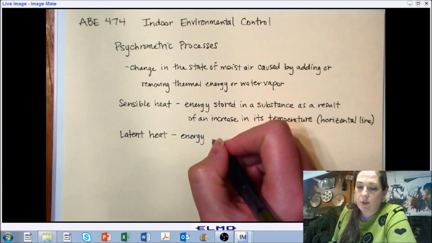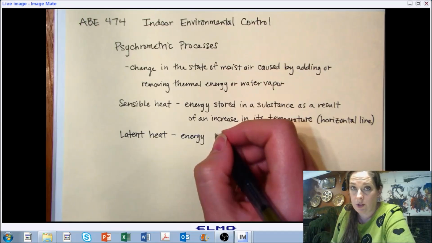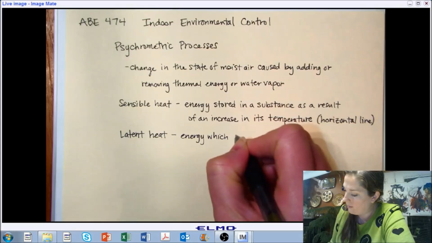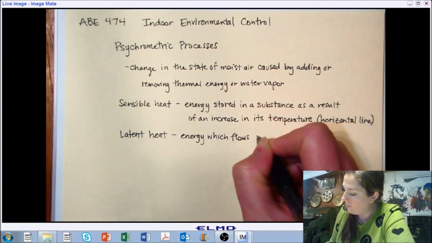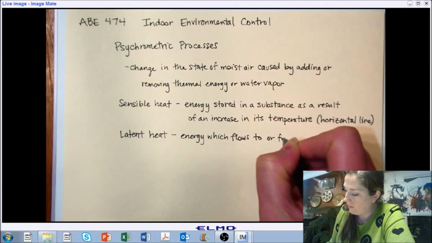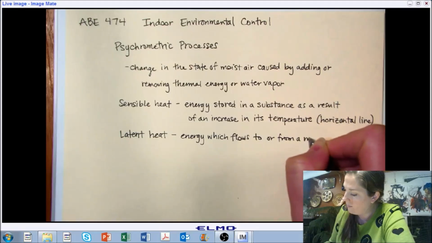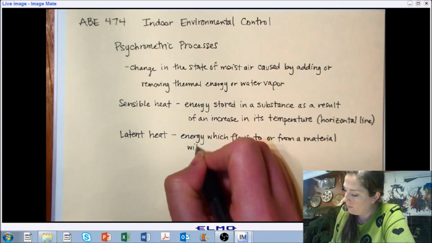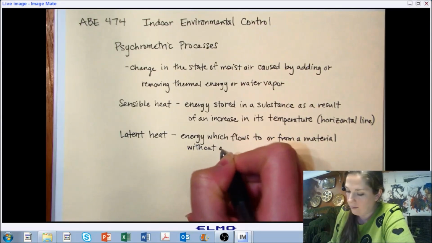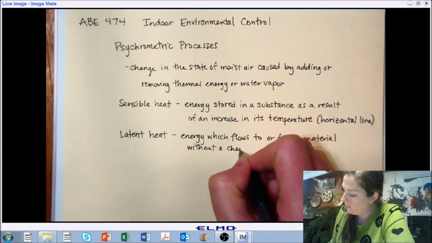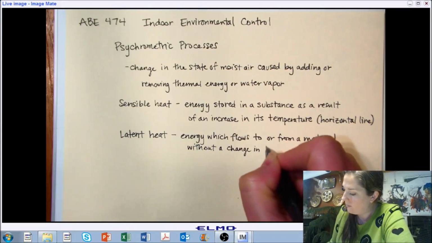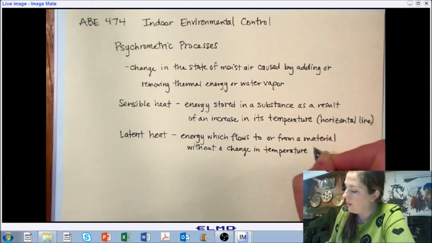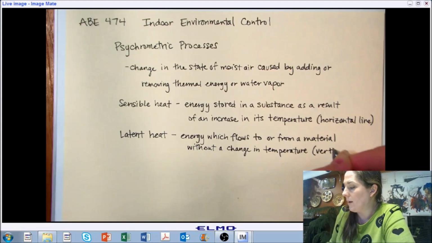This is energy which flows to or from a material without a change in temperature. And on the psychrometric chart, this is represented by a vertical line.